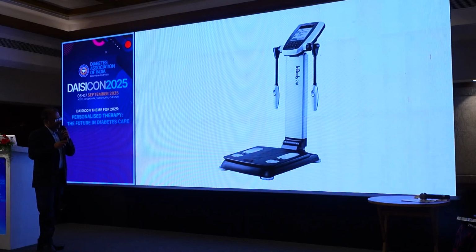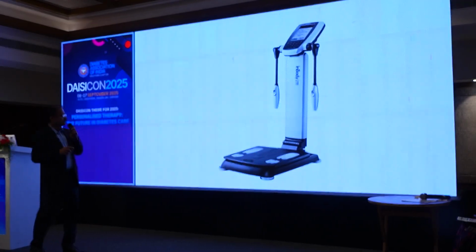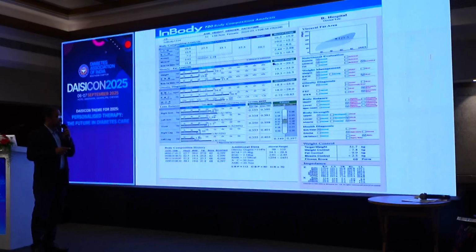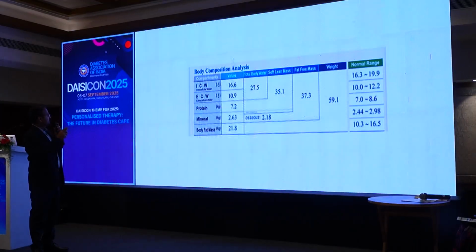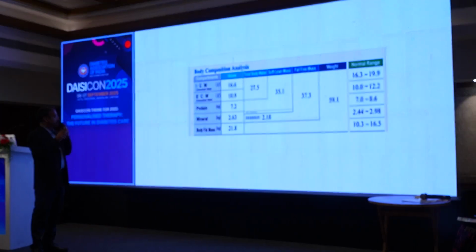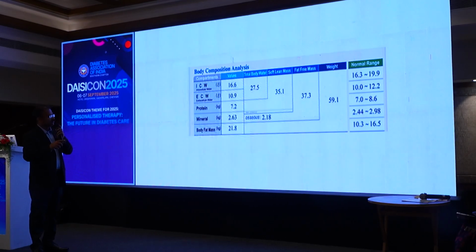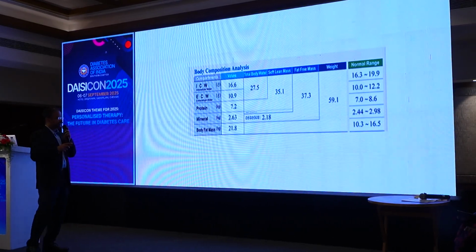And this is a bioimpedance analyzer, and this machine costs around 1.4 lakhs. And this is the result that has been generated. Let us decode these results, starting from body composition analysis, which includes intracellular, extracellular, and total body water, soft lean mass, fat-free mass, and weight, which can be assessed and has a normal range also.